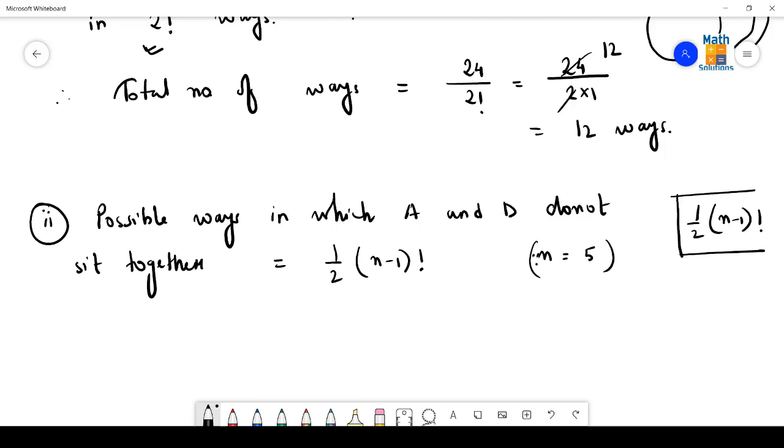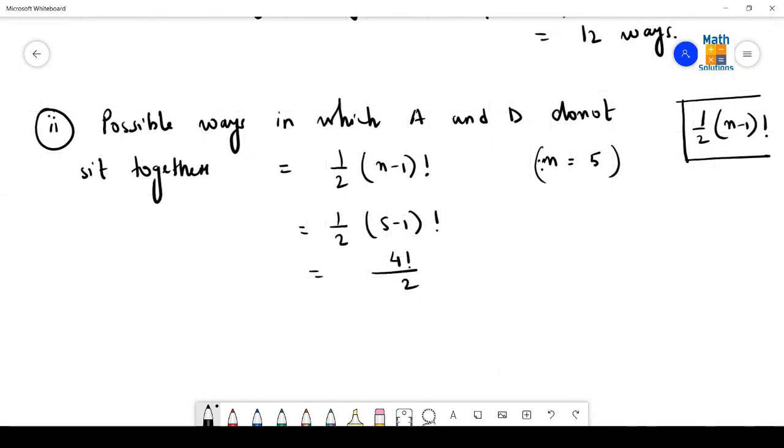Since n is equal to 5, we put 5 minus 1 factorial, that is 4 factorial divided by 2. Let us check what answer we get. 4 into 3 into 2 into 1 divided by 2. The 2 gets cancelled. The answer comes as 12 ways. So this is the answer of this second question.